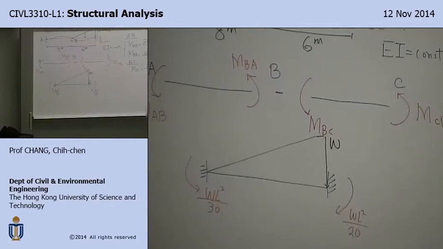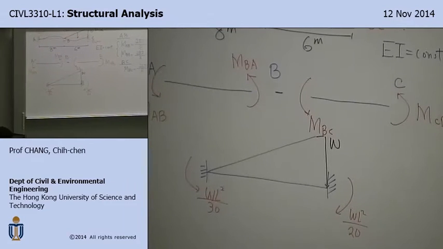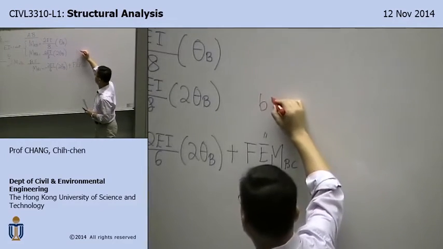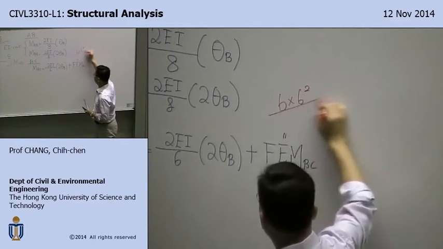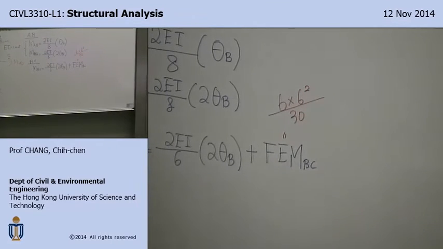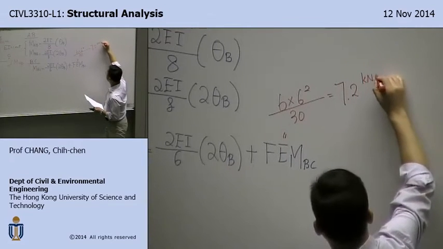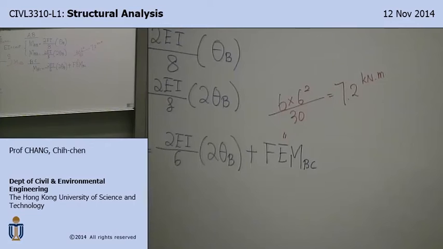So the fixed end moment for MBC is WL squared over 30. W is 6, so 6 times 6 squared over 30, which is 7.2. So far, so good. I'm just copying whatever I wrote there, just trying to implement.